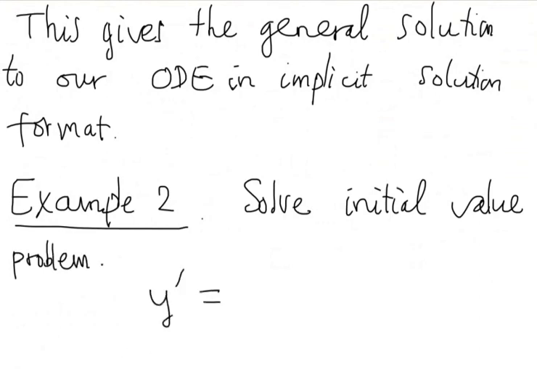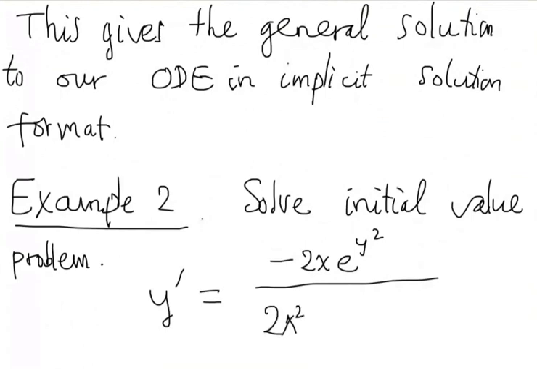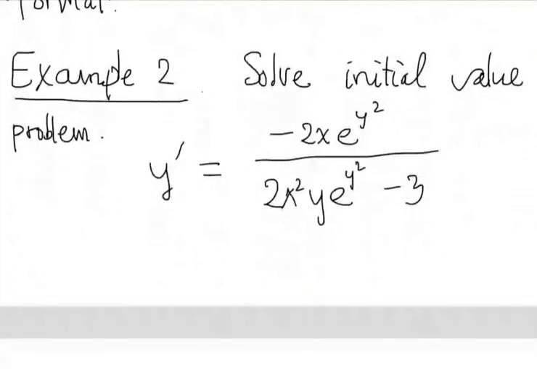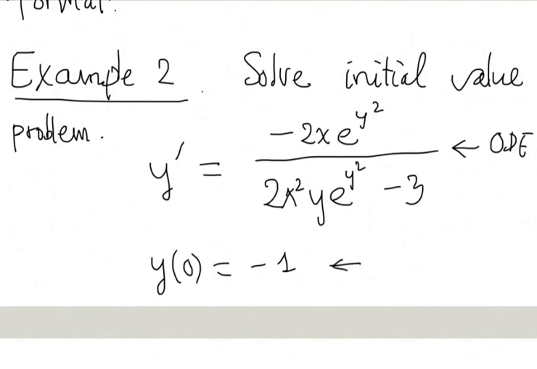The equation is given as y prime equals minus 2x e to the y squared divided by 2x squared y e to the y squared minus 3, and y of 0 equal to negative 1. As before, the first one is our ODE and the second one is our initial condition.